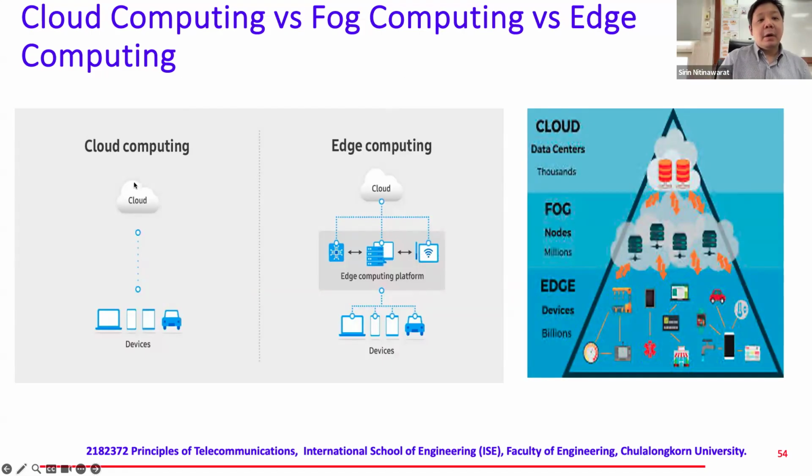As a consequence, people often talk about cloud computing going deep into the core and also the intermediate level of the so-called fog computing, okay, at the middle level between cloud computing and edge computing.